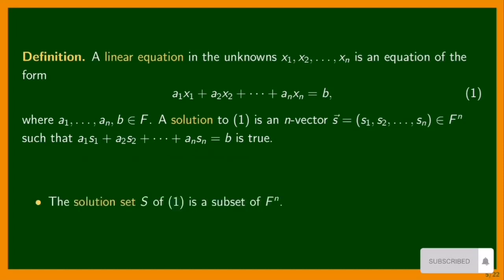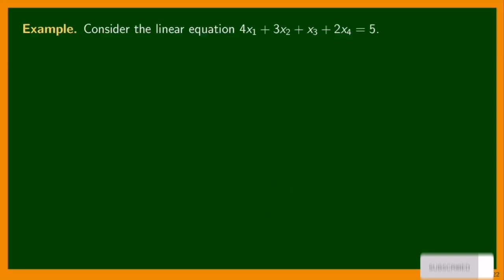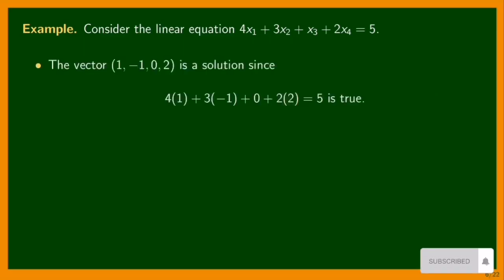Take note that the set of all solutions of this equation, or the solution set of this equation, is a subset of F^n, because a solution is of the form s1, s2 up to sn. As an example, consider the linear equation in 4 variables: 4x1 plus 3x2 plus x3 plus 2x4 equals 5.